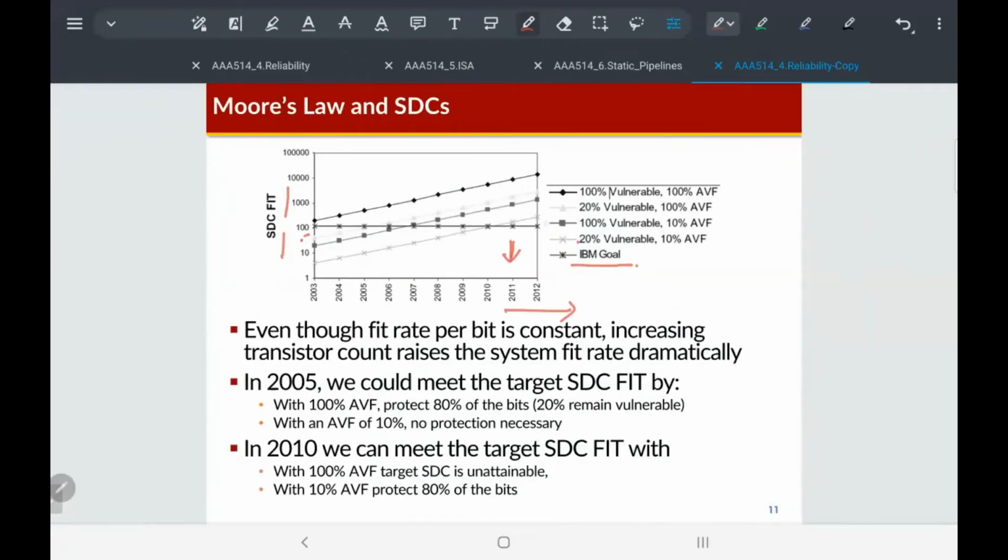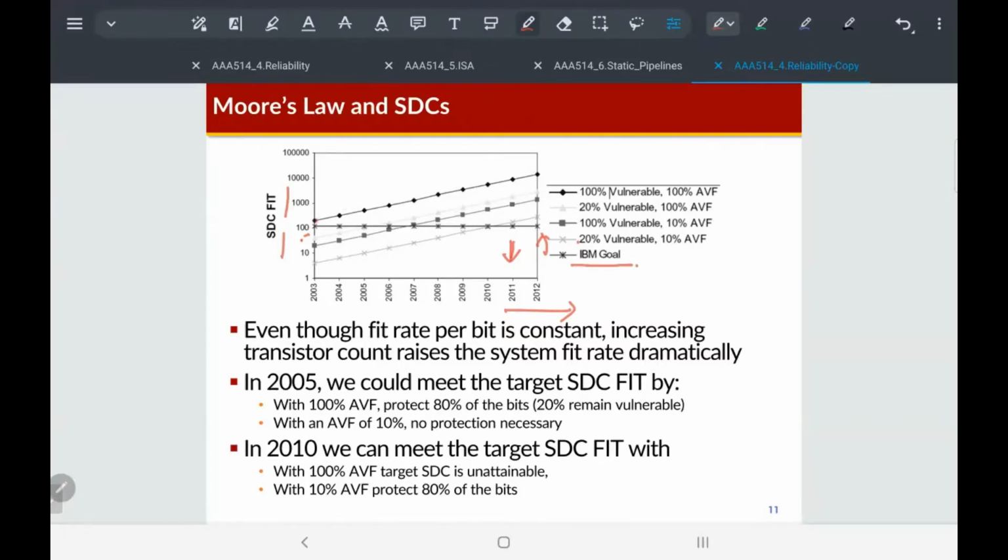So this is the goal of IBM, and it also assumes that it's 100% vulnerable and 100% AVF. So if the system is 100% vulnerable, the fault affects the output result 100%.